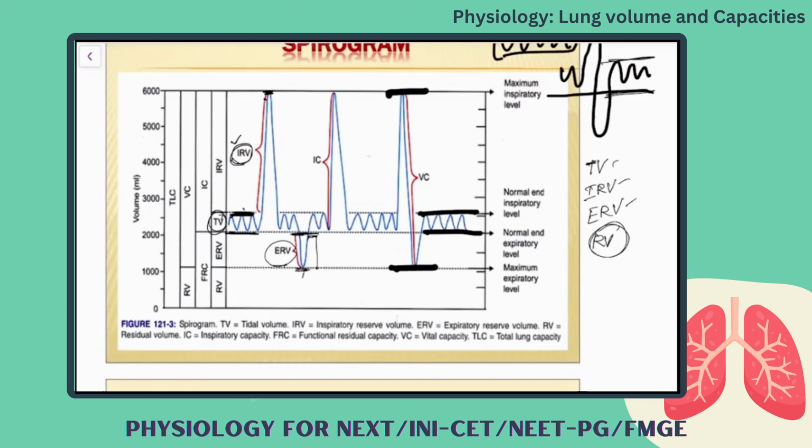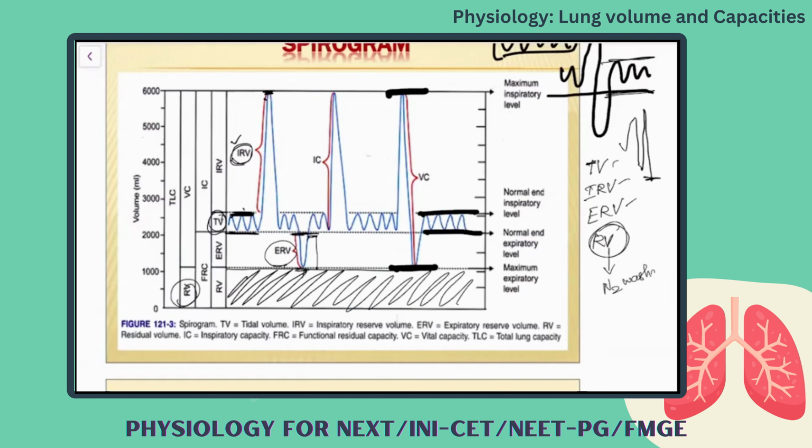This residual volume cannot be measured with the help of spirometry, because the pen is moving up and down according to the amount of air which you are inspiring and expiring. But this residual volume is remaining as a residue in the lungs, so this cannot be measured with the help of spirometry. For this, you need a special type of method called the nitrogen washout method. The residual volume is measured by the nitrogen washout method.